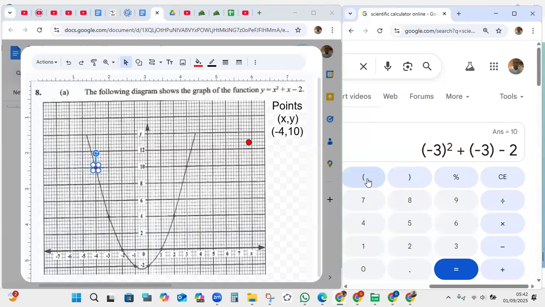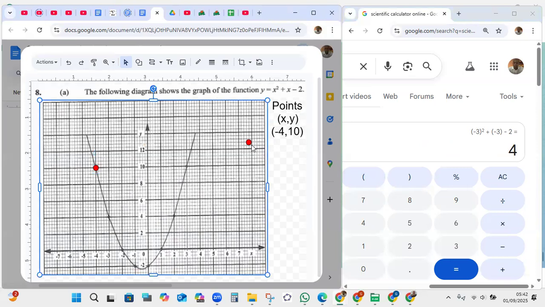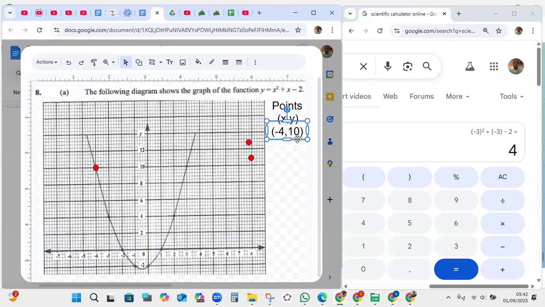Pause the video and repeat this. Okay, you're supposed to get 4. Okay, so we're going to look for 4 on the y-axis, but we have to look for -3 on the x-axis first. Let me write down this point. -3, 4.